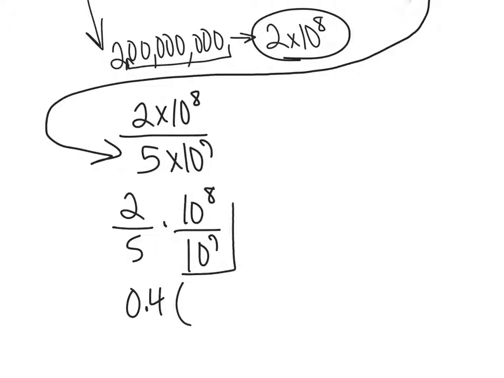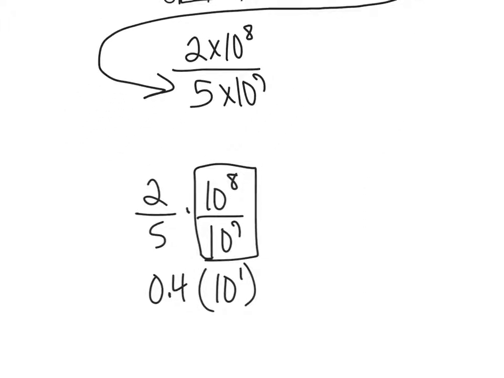And then with these, we talked about dividing that before. So dividing like bases, subtract the exponents. 8 minus 7 is 1. So that'd be 10 to the 1st, which is just the same as 10.